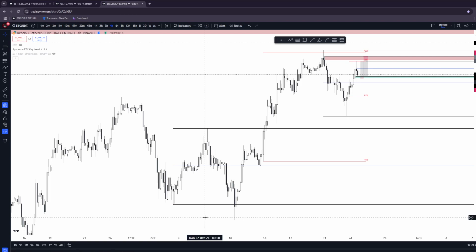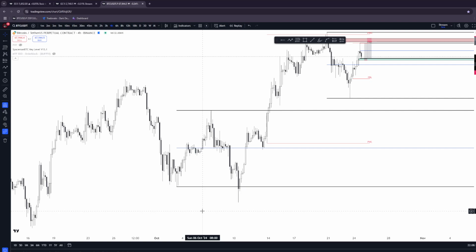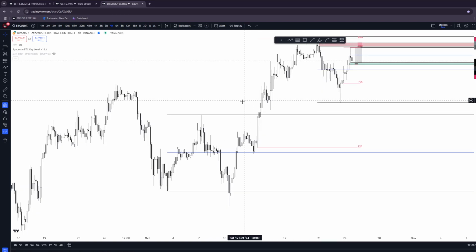Let's see. We swept that low here. Okay, kind of hit. Maybe there's something else down there. I swept this low also. Swept this and then no, came back up. Rotated back up. People thought that this was going to be a breakout.